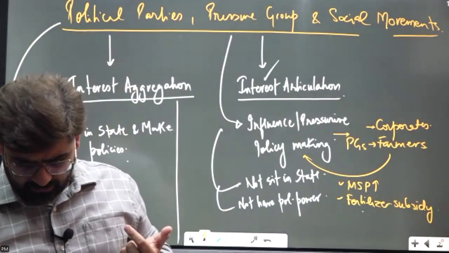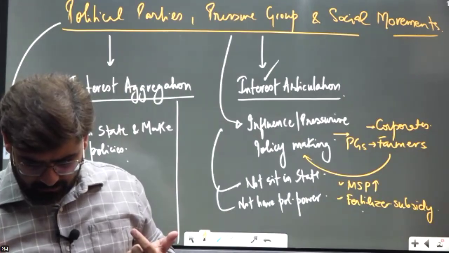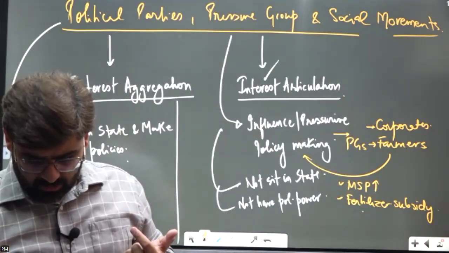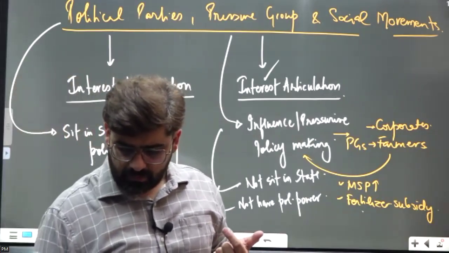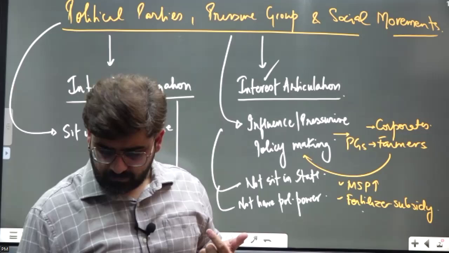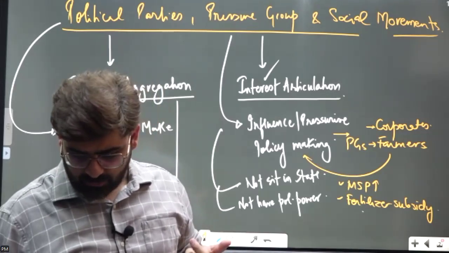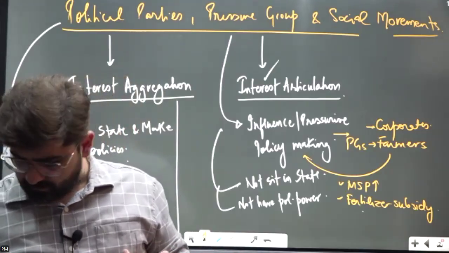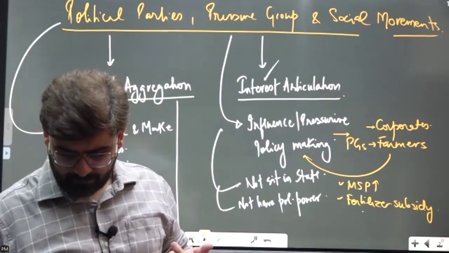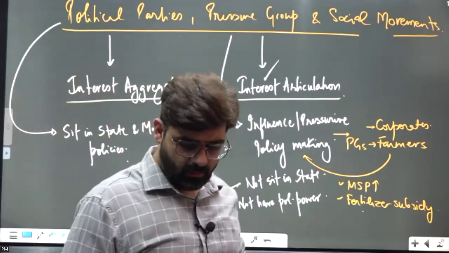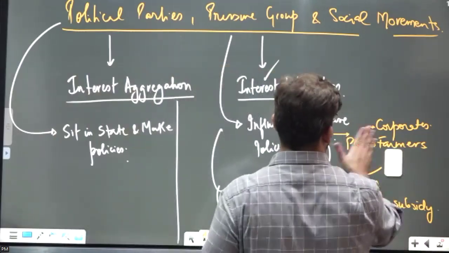Let me very quickly see if there is something which is left in the topic of pressure groups. Classification done. Okay, yeah. ठीक है. Techniques adopted. Right. We've done the topic of pressure groups also. Done.